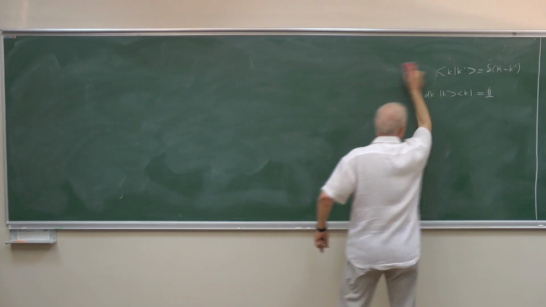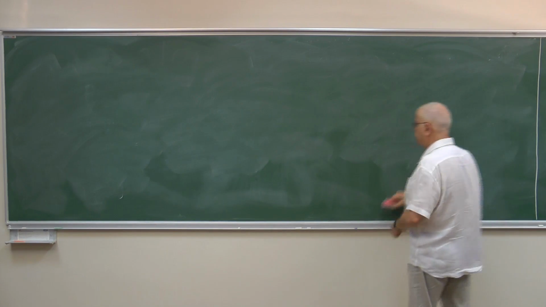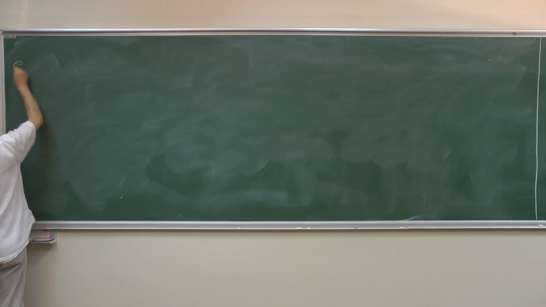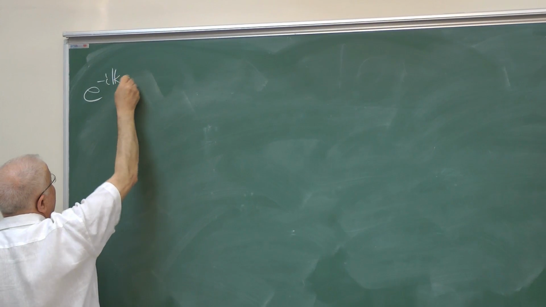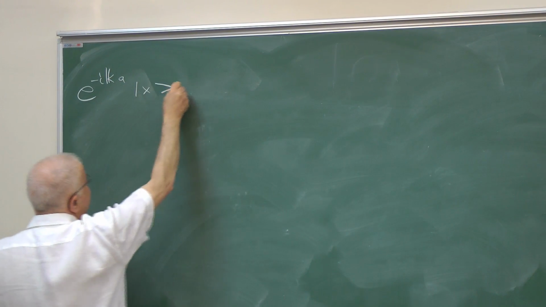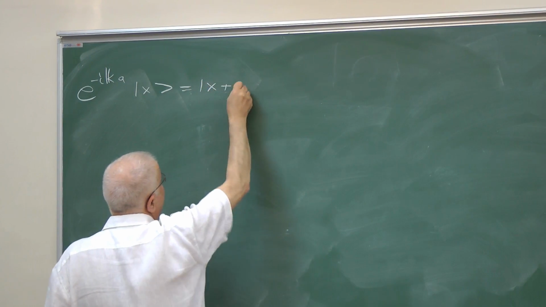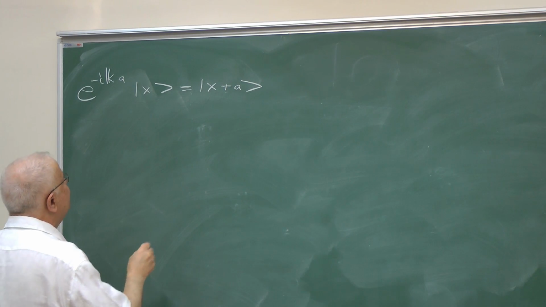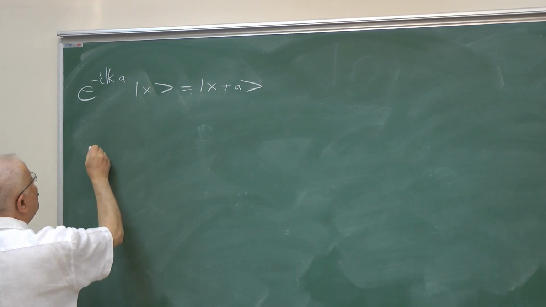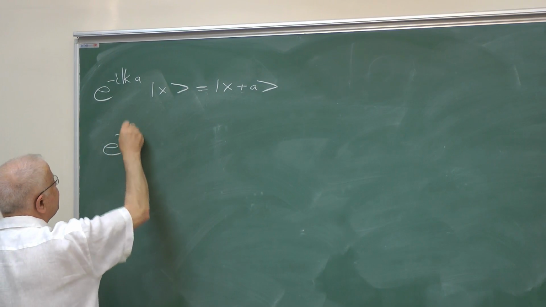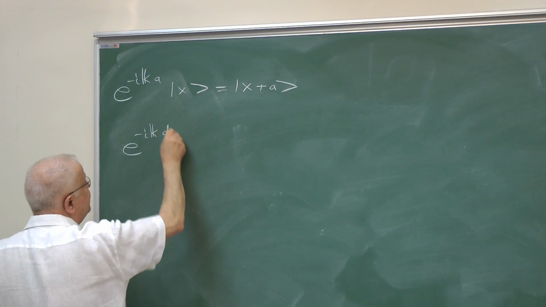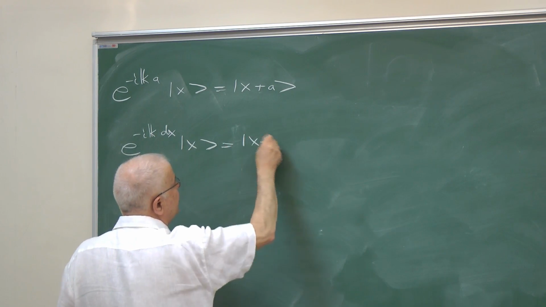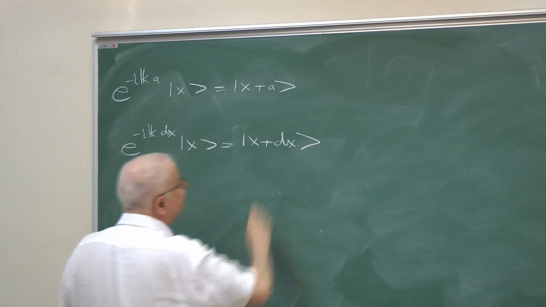Let us not forget that e to the minus i K A, when it hits x, gives us x plus A. Now I'm slowly changing this A to a very small quantity. E to the minus i K dx hits x and gives me x plus dx.